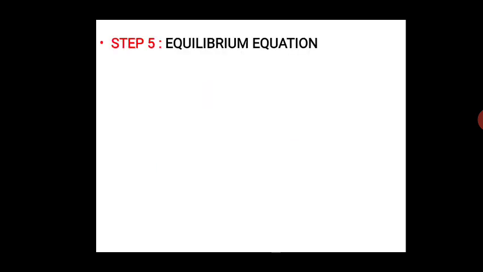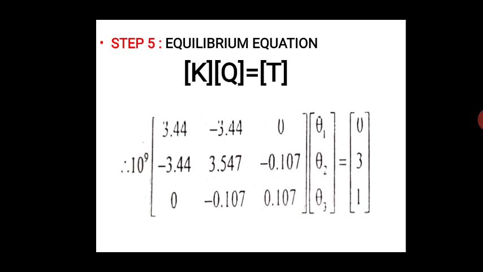Now step 5 is the equilibrium equation. We know the equilibrium equation as KQ is equal to F. Now in this equation we will write K into theta is equal to T. And now we have the global stiffness matrix K is equal to 10 raised 9, 3.44 minus 3.44, 0, minus 3.44, 3.547, minus 0.107, 0, minus 0.107, 0.107 into the angular displacement vector theta 1, theta 2 and theta 3.